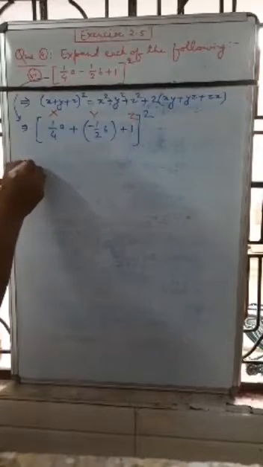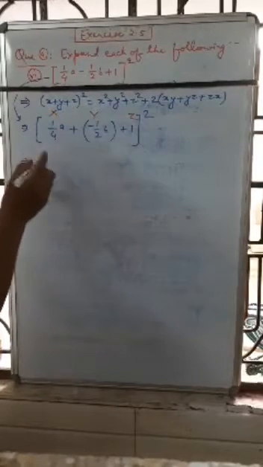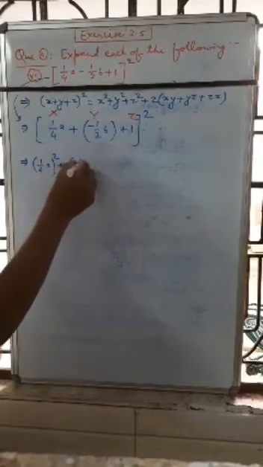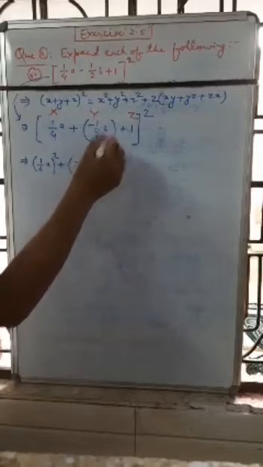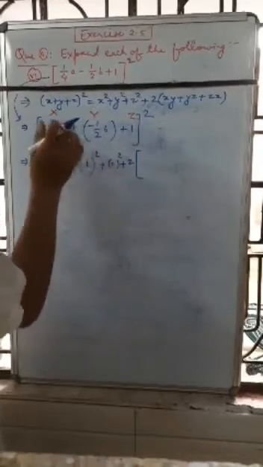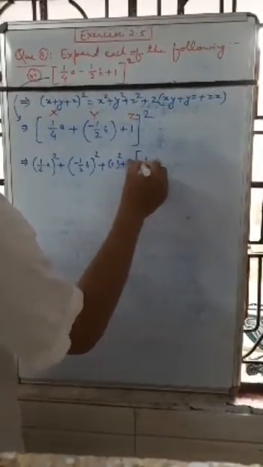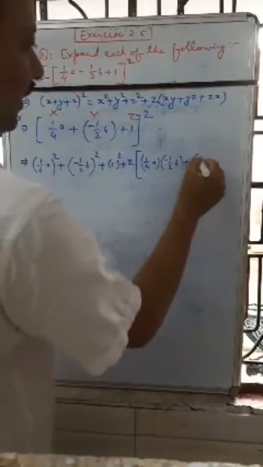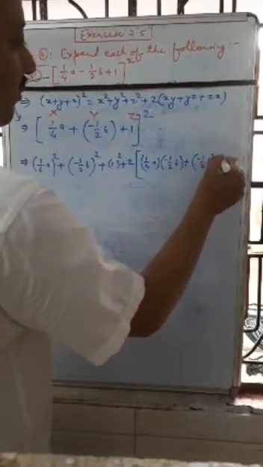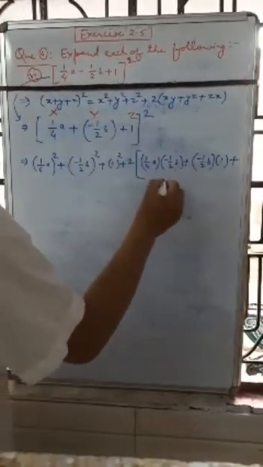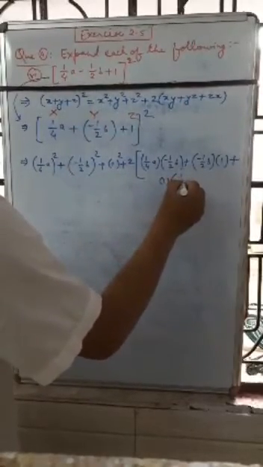So how to solve? In place of x square we will write 1 by 4a whole square, then y square, minus 1 by 2b whole square, then z, 1 whole square, then 2xy with x equal to 1 by 4a and y equal to minus 1 by 2b, then plus yz, meaning minus 1 by 2b and z equal to 1, and again plus zx, so z equal to 1 and x equal to 1 by 4a.